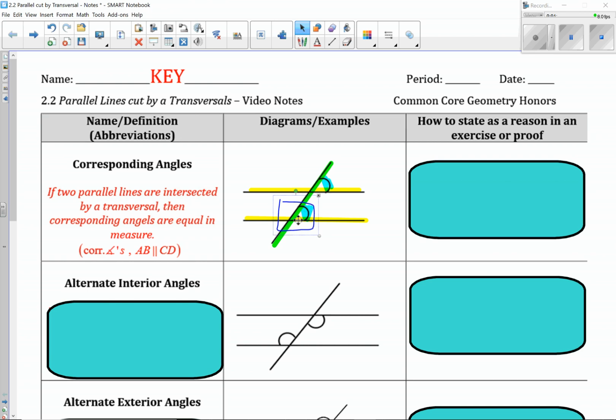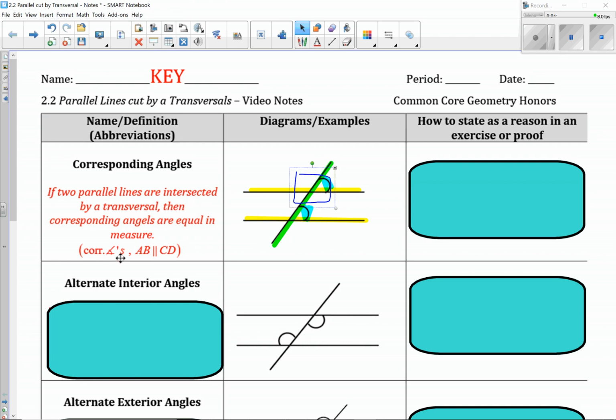So as you see here in this box, the top right-hand corner would be this angle, and over here, top right-hand corner would be that angle. Those two angles correspond to each other. They're in the same location in both situations. They are equal to each other, or they are congruent.